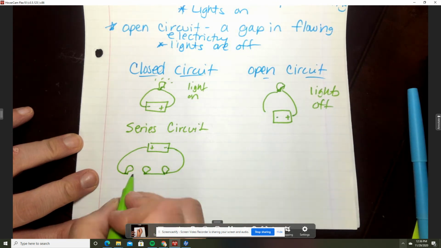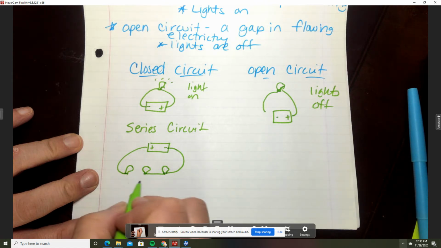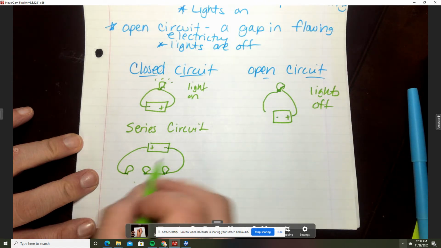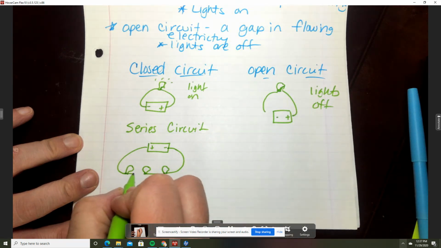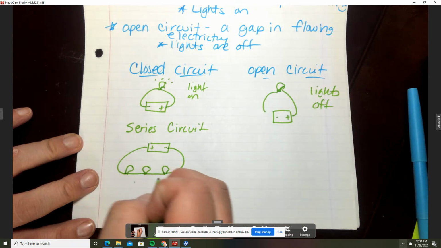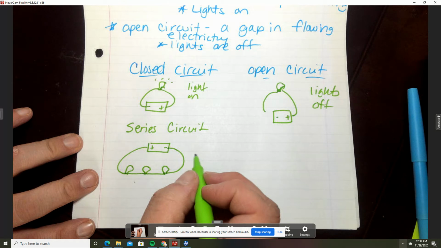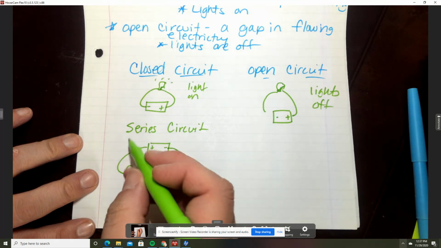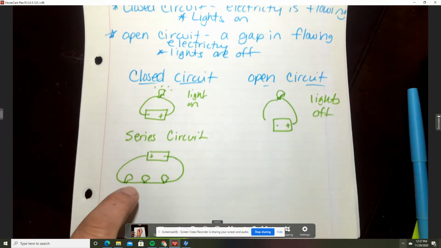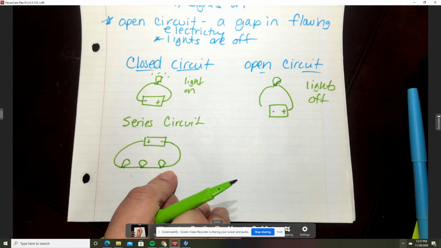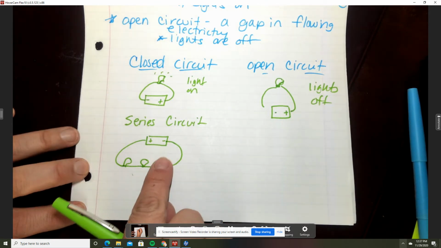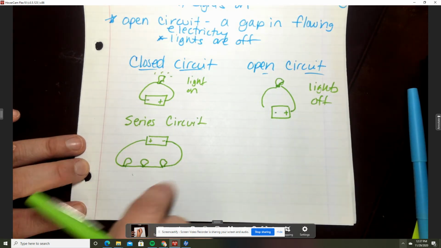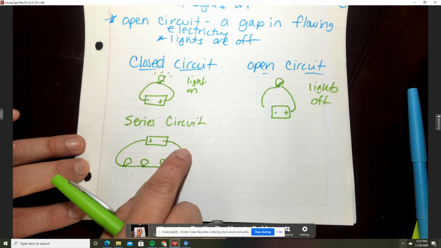But if there is a break in it, that would be an open circuit. But if it loops, if it's all connected, it would be closed. That means that the lights can be on. So what that means is that if it's a series circuit, if this light burns out, then it can't close, okay?